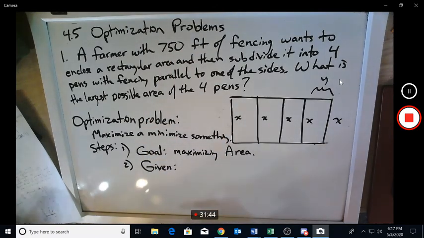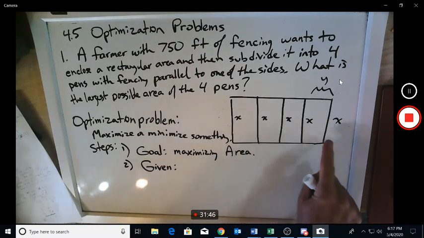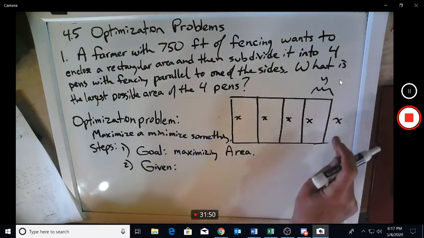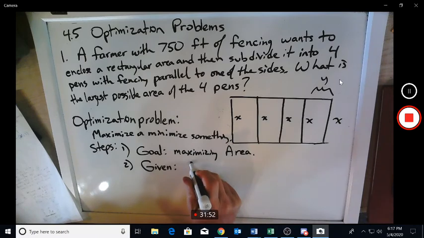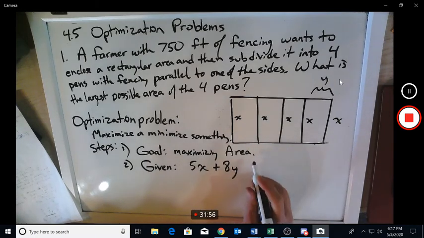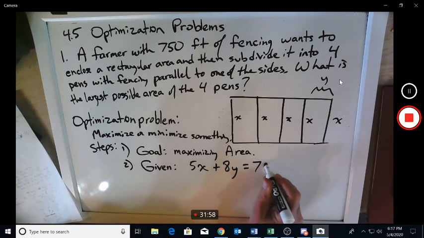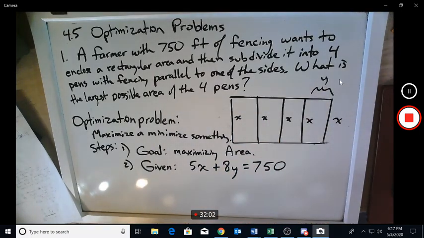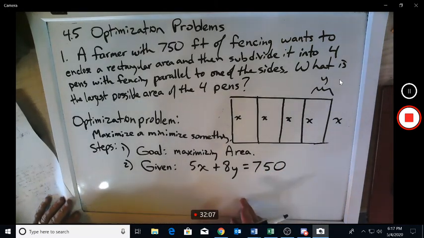But we get all of that incorporated with a quick diagram and with this equation: 2, 3, 4, 5 of those x's plus 8 of those y's has got to be 750 feet. And again, we also have the diagram to help us out. These two pieces of information are given.